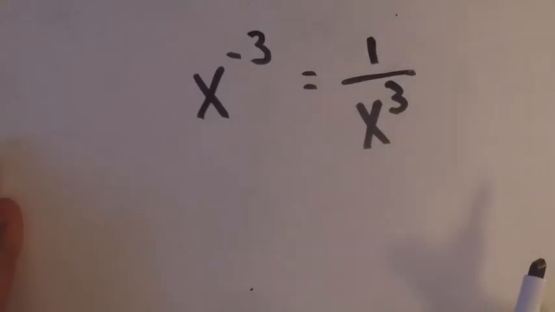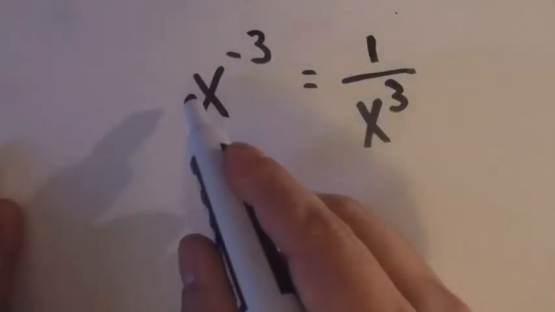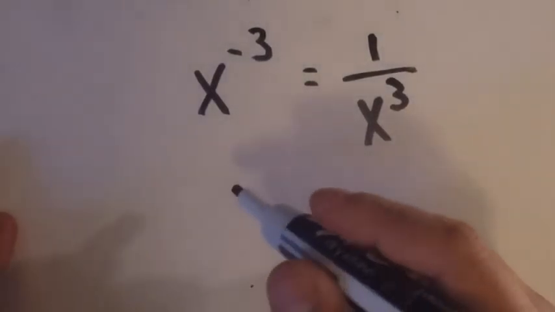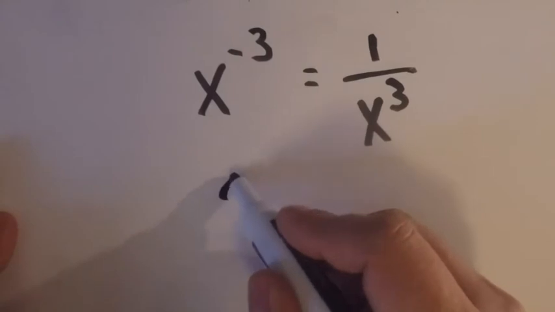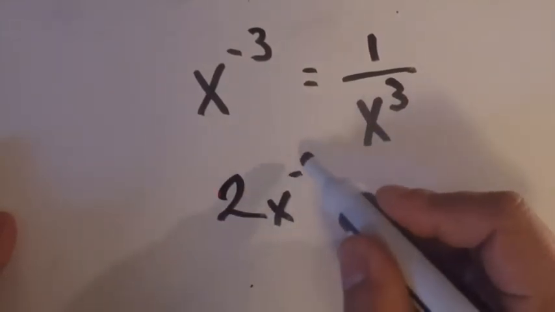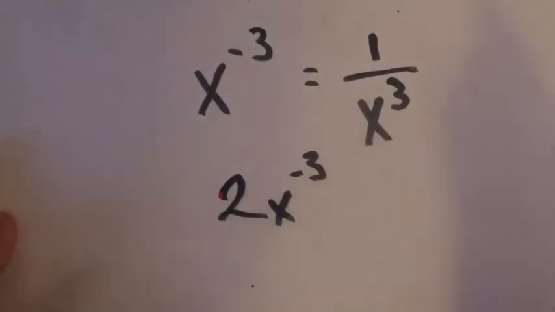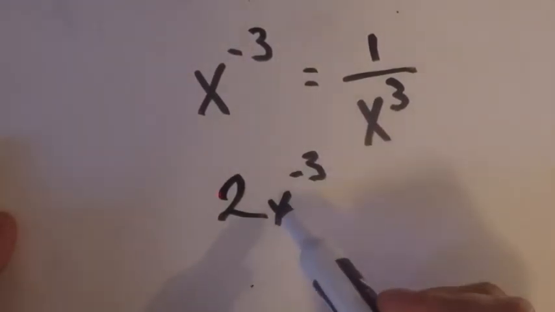Now, the only thing where this starts to get tricky is if we have multiple terms in our expression, we only move the terms that have the negative exponent with them to the bottom. So if we had 2x to the negative third, this negative third only belongs to this x.